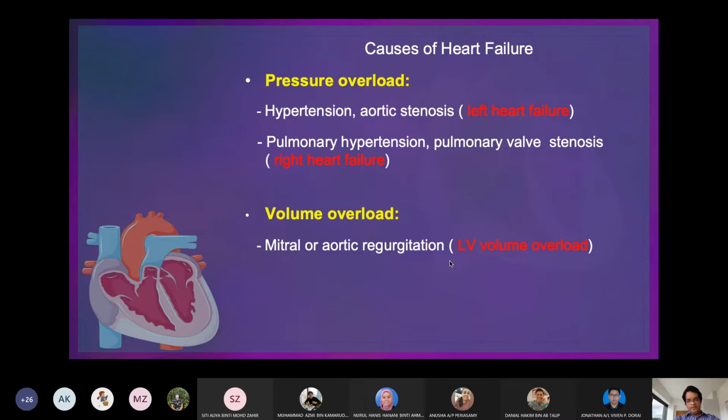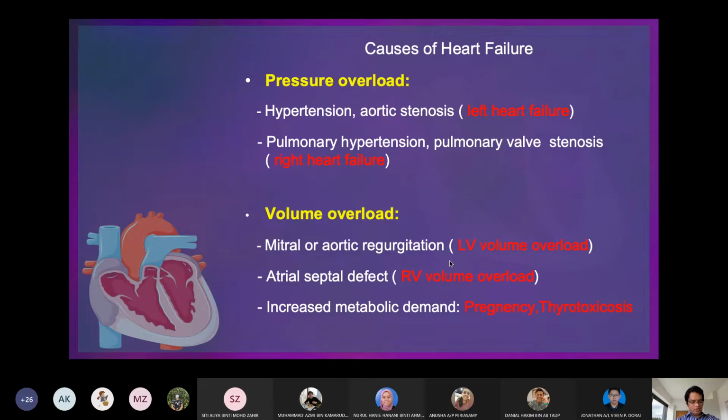Regurgitation. In children, septal defects, between right atrium and left atrium, or right ventricle and left ventricle. So atrial or ventricular septal defect is another reason for causing volume overload. Pregnancy and thyrotoxicosis also determine volume overload in heart failure. So these are mostly the structural causes that contribute most significantly to heart failure.